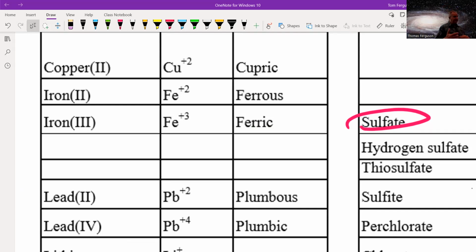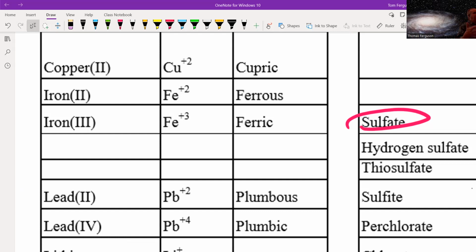And over the years, we've developed these names for them. And unfortunately, there's no consistency. For example, iron positive 2 is called ferrous.